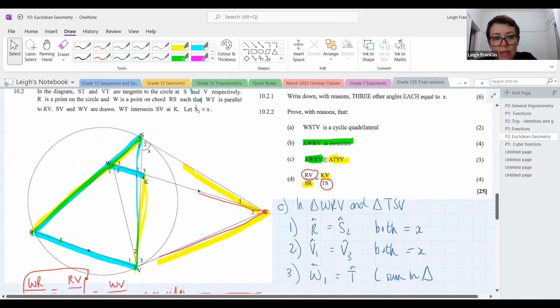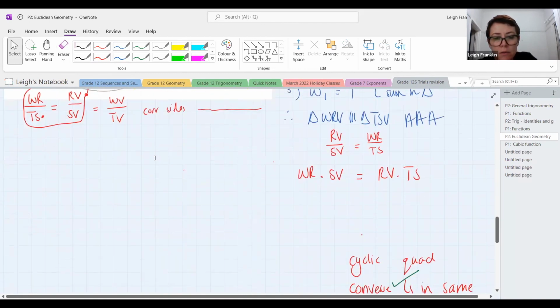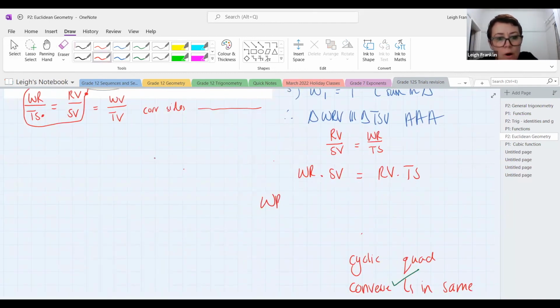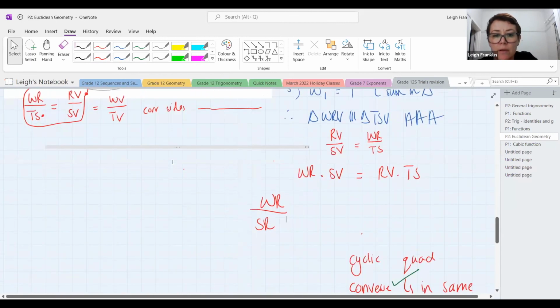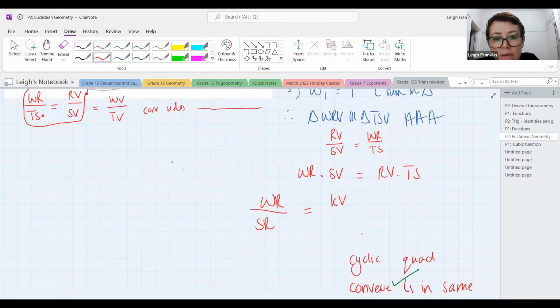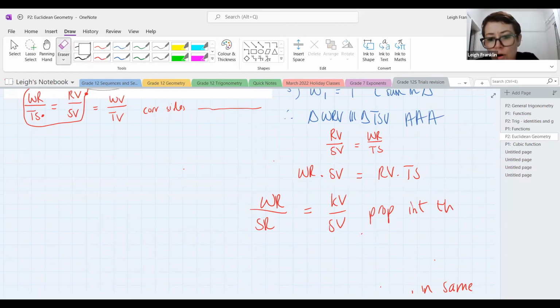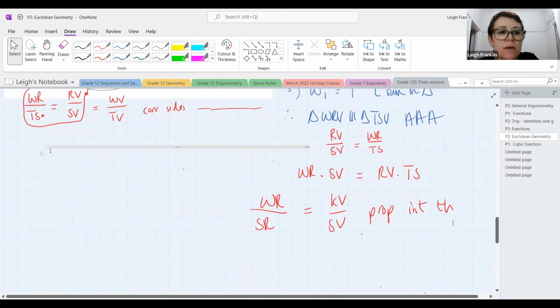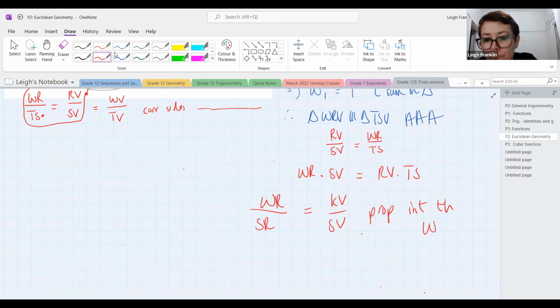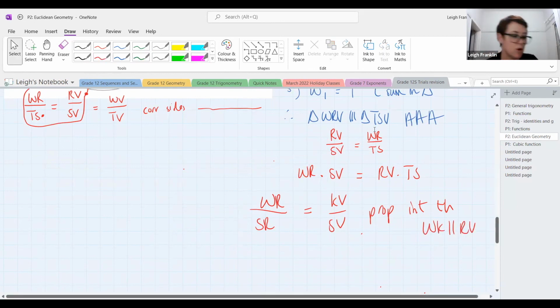So WR over SR is going to be equal to KV over SV, because of the proportionality intercept theorem. And that is because we have our parallel lines, which in this case, WK parallel to RV.